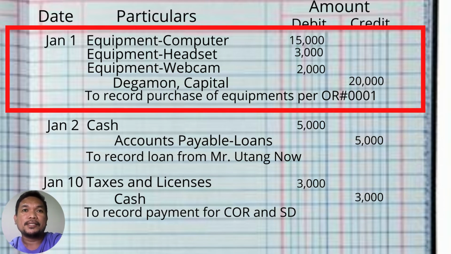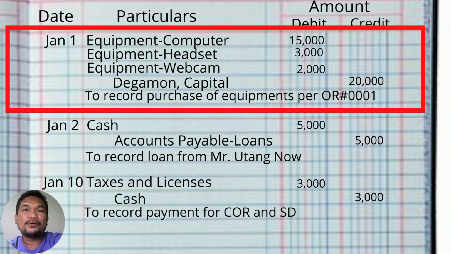And then equipment that is webcam, kailangan natin yan. So that's 2,000. Since I invested it, I used my own money to buy it, so gagamitin natin yung capital account or the equity account, which is the Digamon Capital, worth 20,000. So makikita ninyo, 15 plus 3 plus 2, that's 20,000.